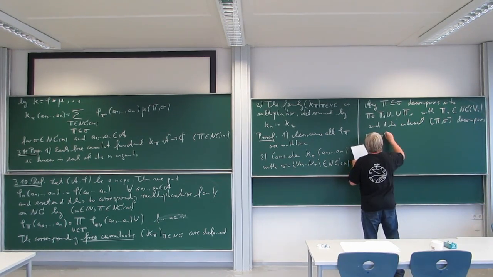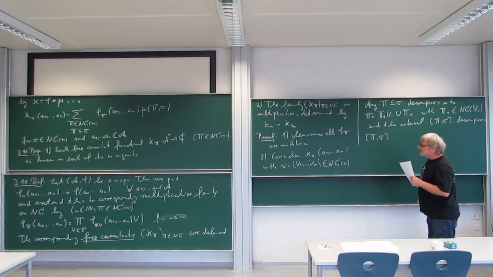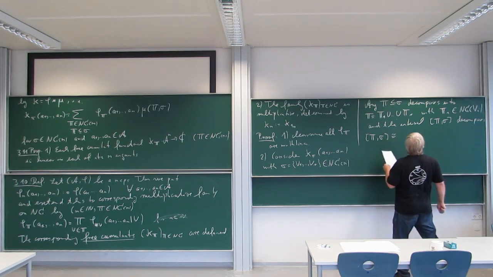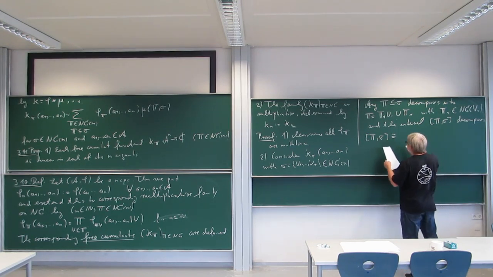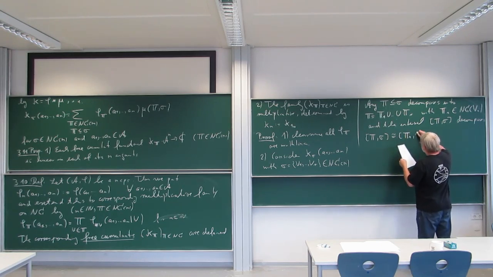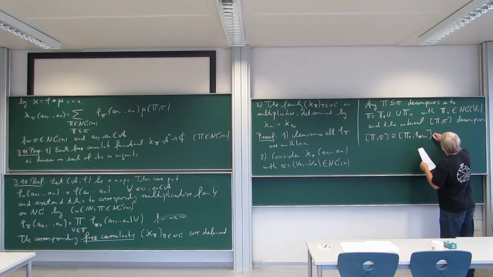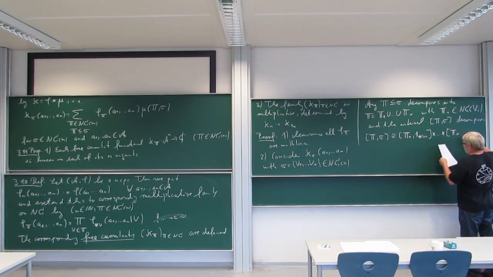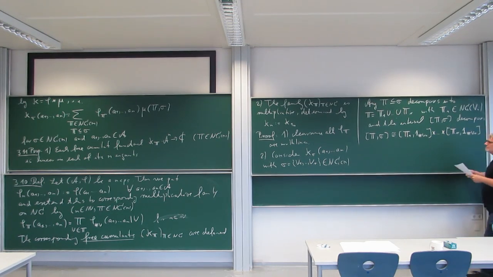So the interval from pi to sigma is equal to the interval from pi 1 to the one element of V1, and so on, the interval from pi r to 1 of VR.